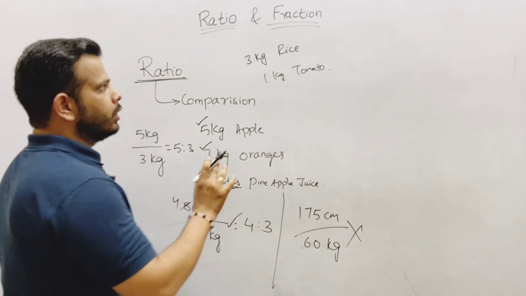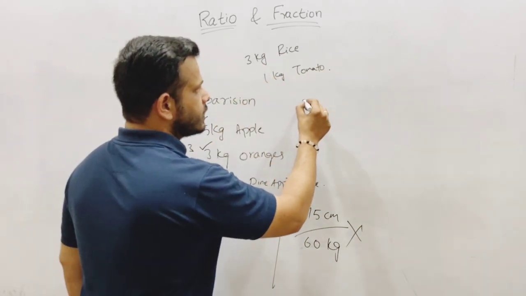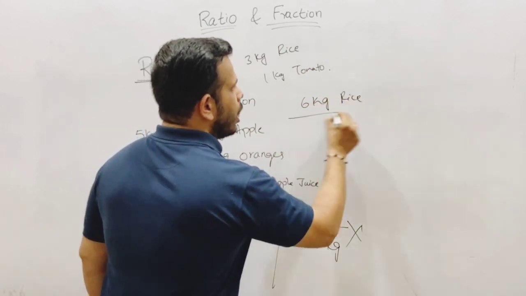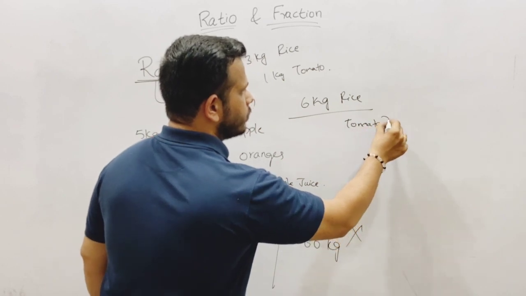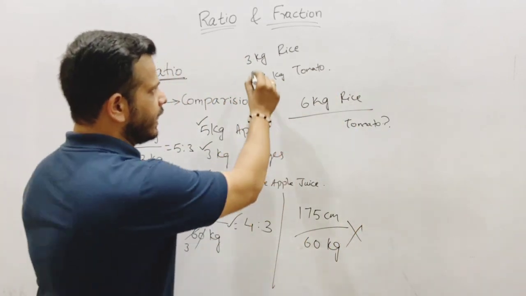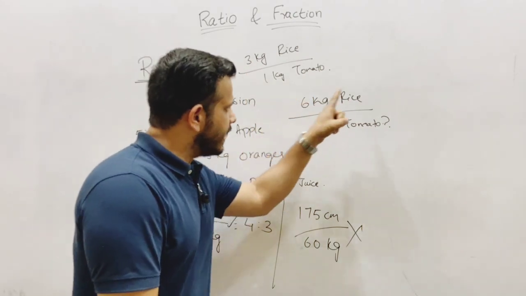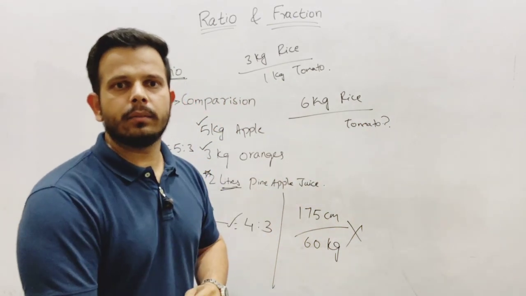This is the ratio. If he has 6 kg of rice, how much tomato is required? For 3 kg rice, he requires 1 kg tomato. For 6 kg rice, how much tomato is required?